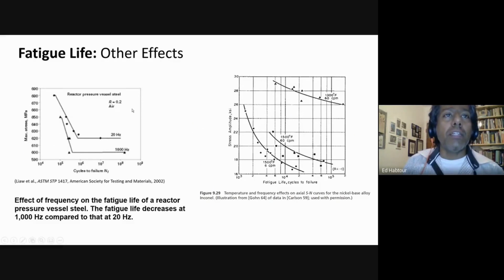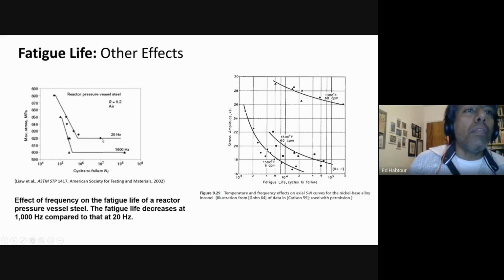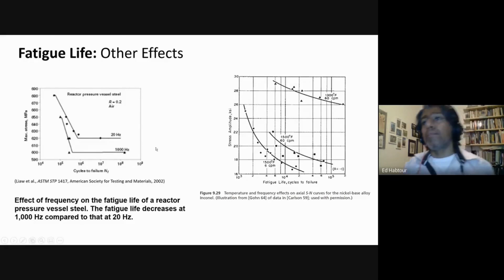Other effect is, we talked about the air here. Oh, yes, the pressure and the cycles. So if the frequency is low versus a frequency high, under high frequency, your part will fail much faster.